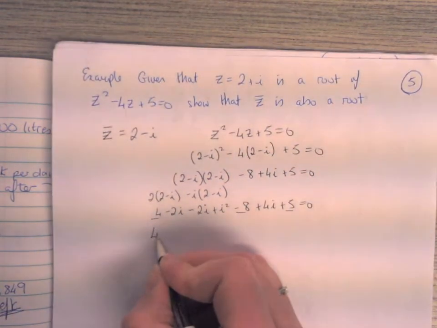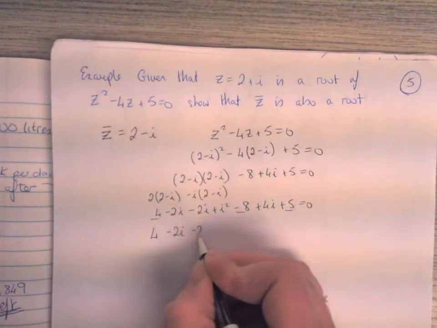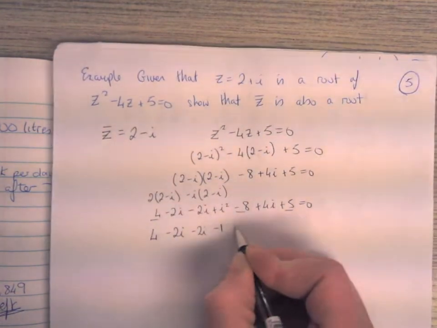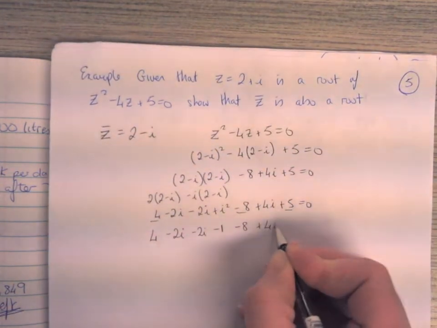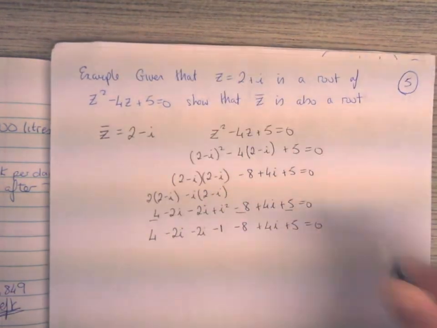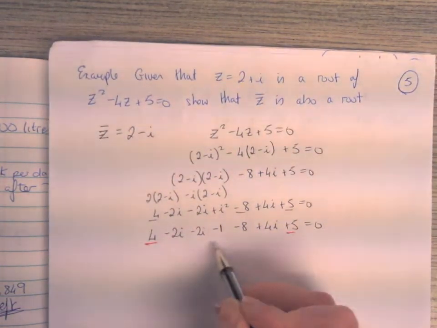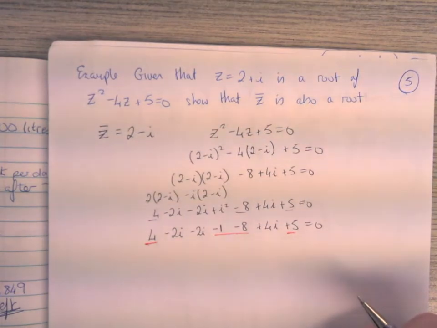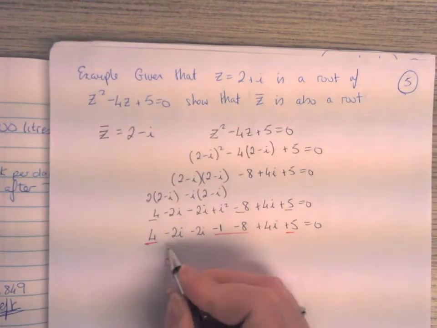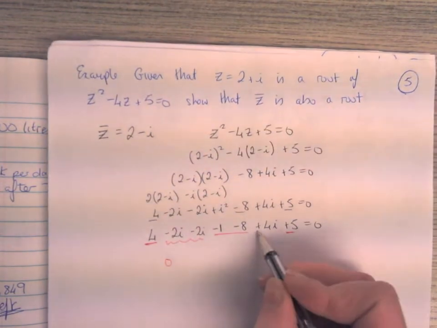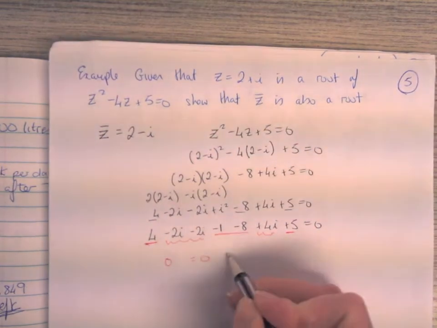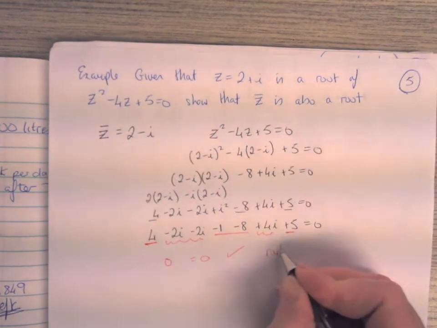Okay, so I'm just going to change this to a minus 1. So we have 4 plus 5, which is 9, take away 9, so all my reals are gone, and then I have minus 4 plus 4, so 0 equals 0, therefore it's a root.